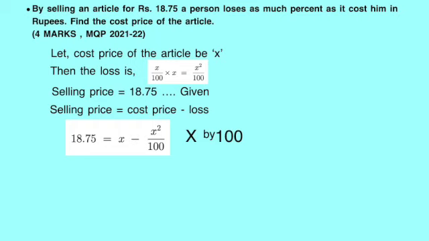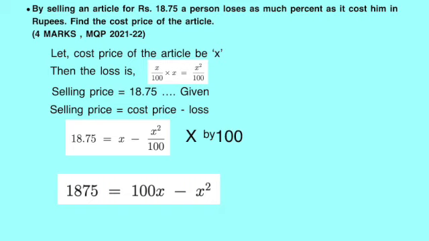When you multiply the whole equation by 100, 18.75 into 100 means there are two decimal points. It becomes 1875 is equal to 100x minus x square by 100 into 100. 100 cancels, it becomes x square. This is our equation: 1875 is equal to 100x minus x square.